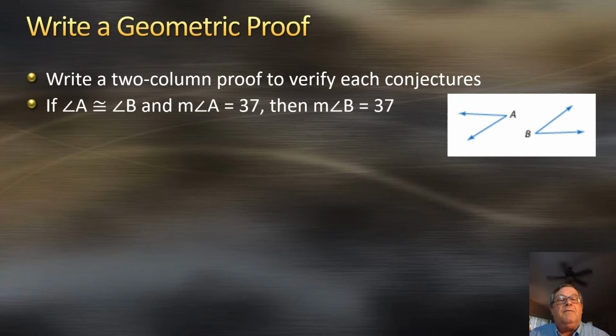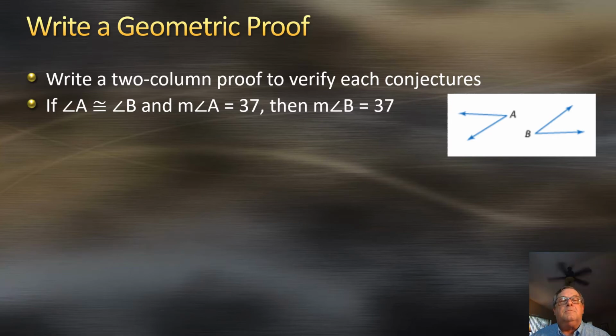So it says, and now here's our given, if angle A is congruent to angle B, and the measure of angle A equals 37, that's our hypothesis of our conditional statement. Then, coming to our conclusion that we're trying to prove, the measure of angle B equals 37.